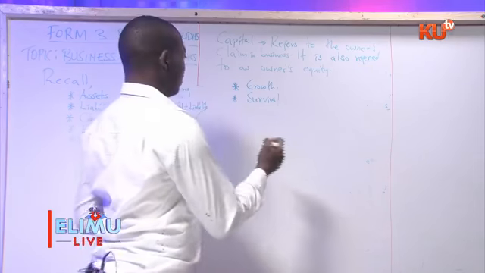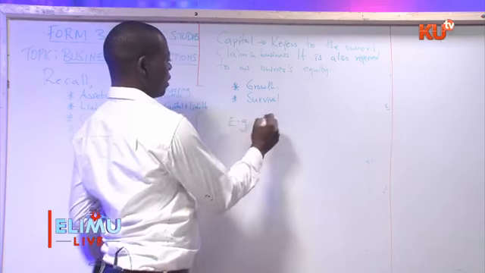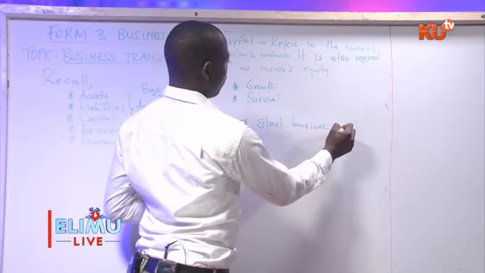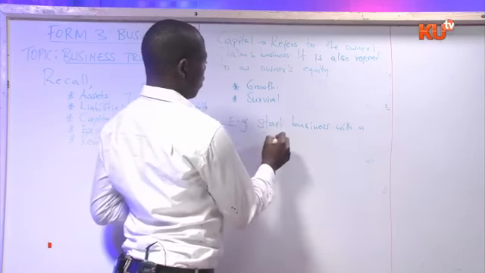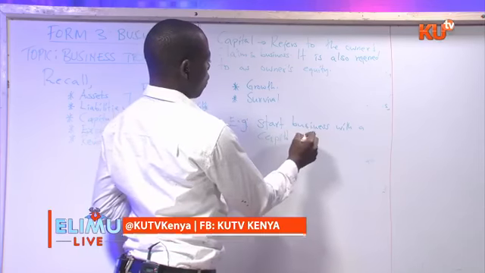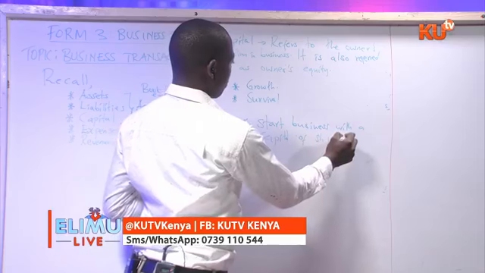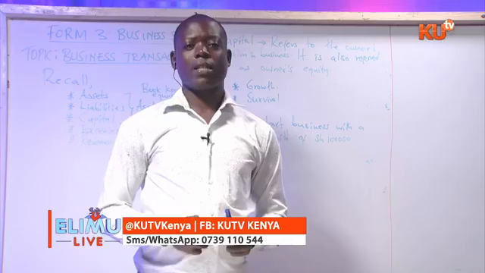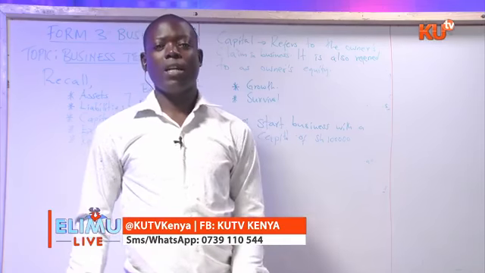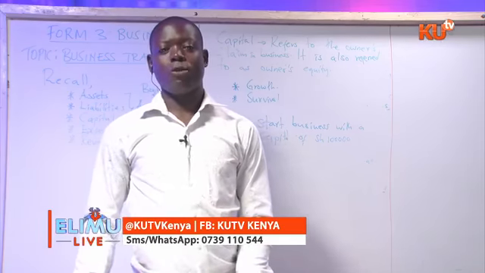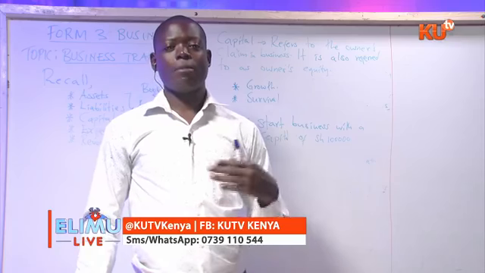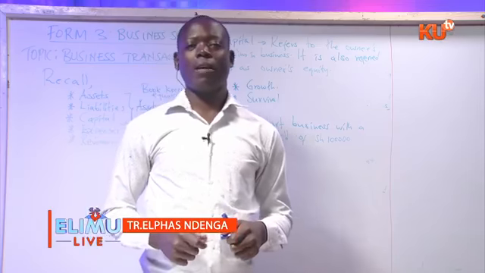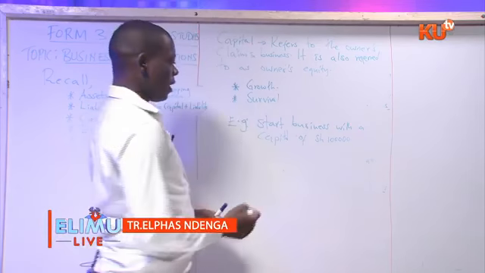If you start a business, for example, with a capital of 100,000 shillings, in your business plan there has to be a component that gives a prediction of what we expect within a specified period of time, usually within 1 year. So you'll say, I'm starting at 100,000. After 1 year, I need my business to be at a capital base of 300,000.